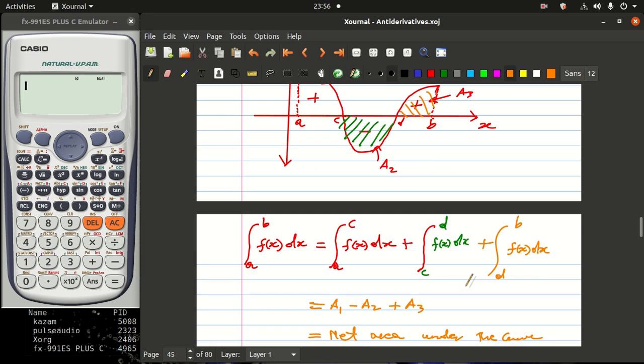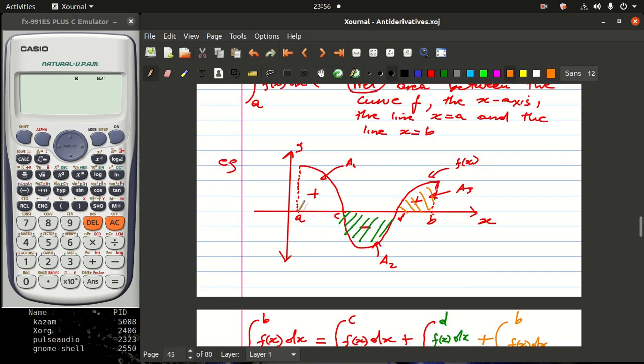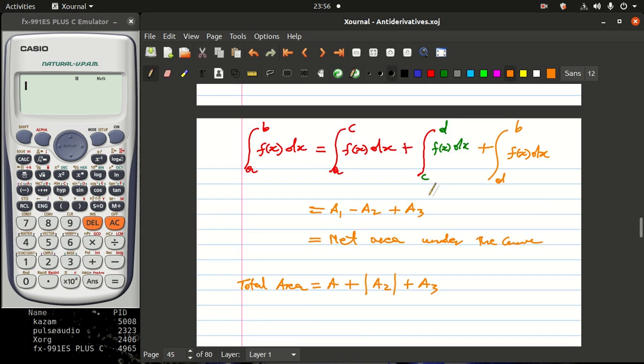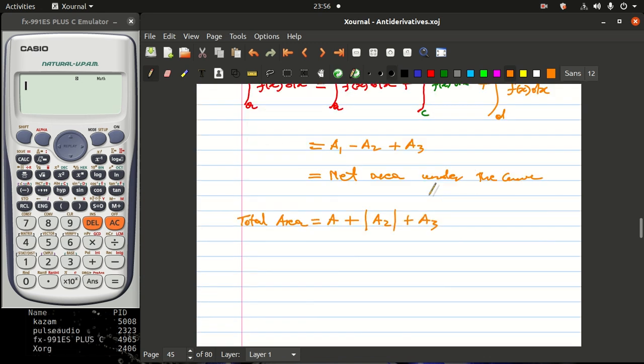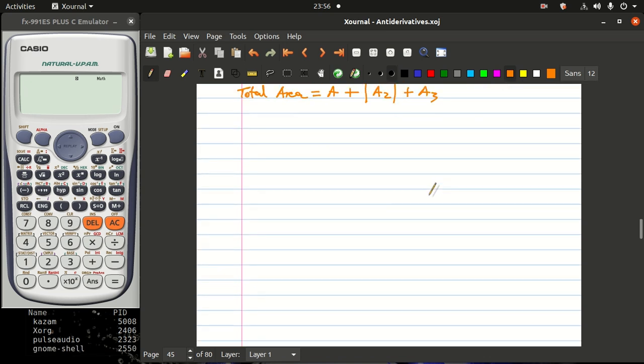I hope you can see the difference here: you first have to move from this position to there. When you arrive at this second portion, you just have to take the absolute value because the area is negative, and then when it comes to this one here, you have to realize that it is also positive. Let me take an example here. I'm going to take an example.